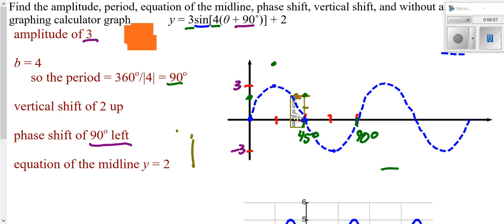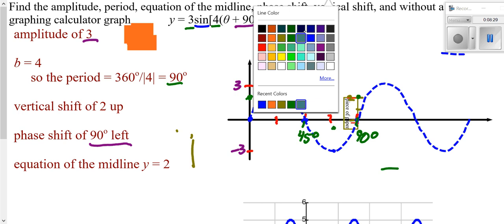Go to my next key point, which is the bottom point, and mark it 2 units up from there. And then I'll go to my last point, and then I'll draw in my final graph between these green points.